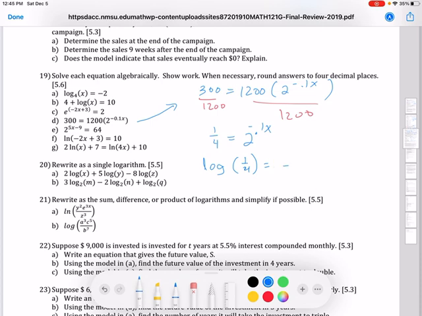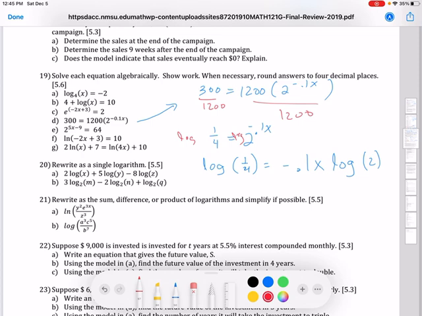That's what logs are good for. So if I put a log on the left and a log on the right, the exponent goes to the front.